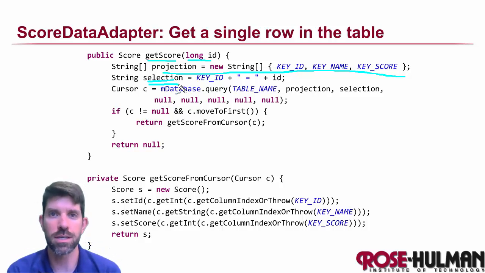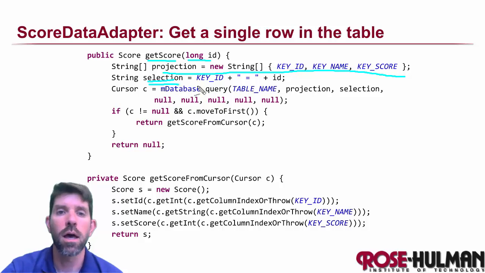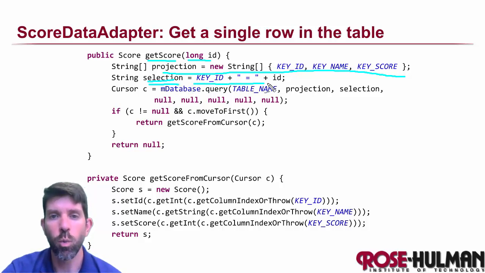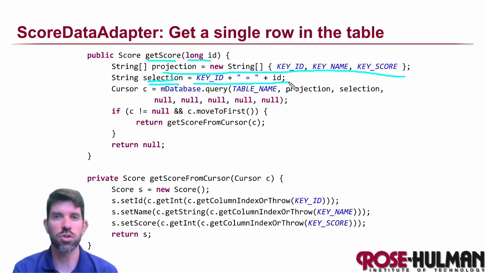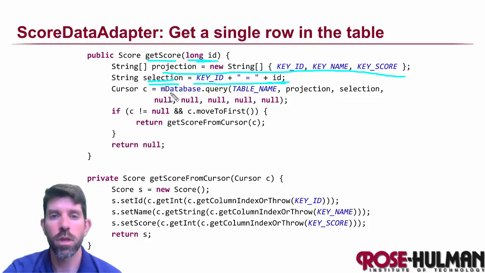Some will know this as a where clause. Essentially we're saying, hey query, give me everything in the table where a certain condition is true, so where the ID is the given one, the one that was passed in here. And so we can make that call to query, adding this value that is now non-null, and that's going to return us the cursor.